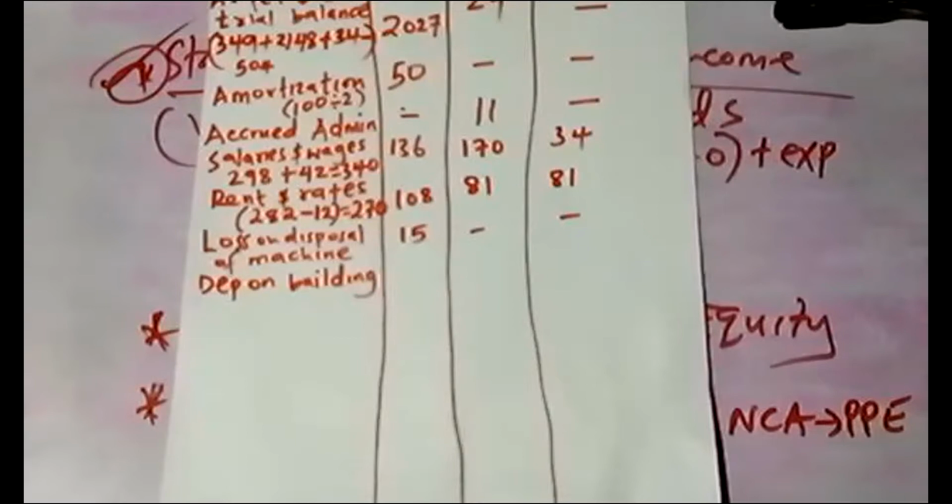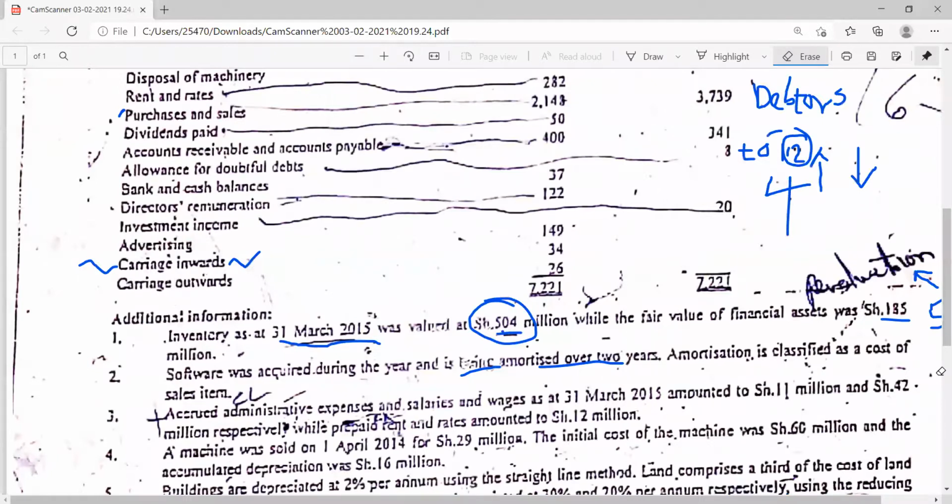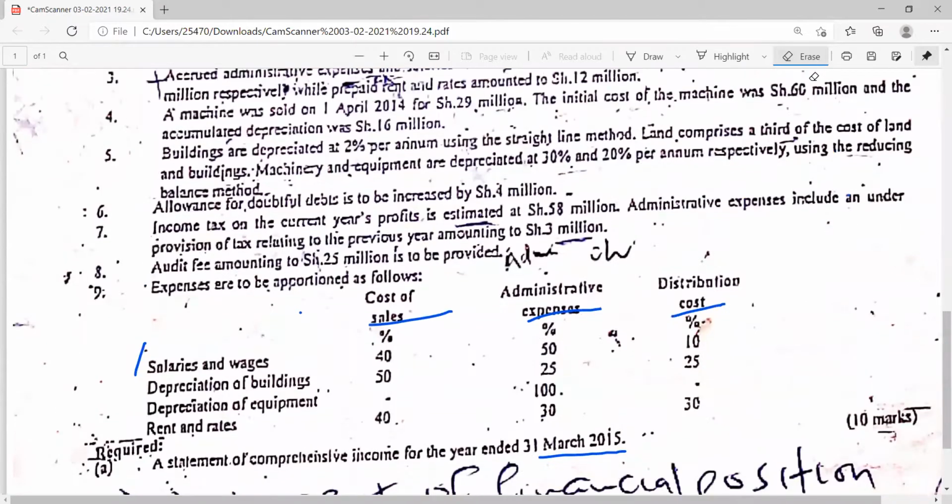So that is why they went ahead to say land comprises a third of the cost of 18. Land comprises a third, so building would be 2/3.